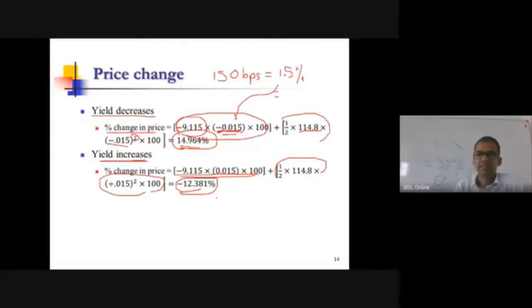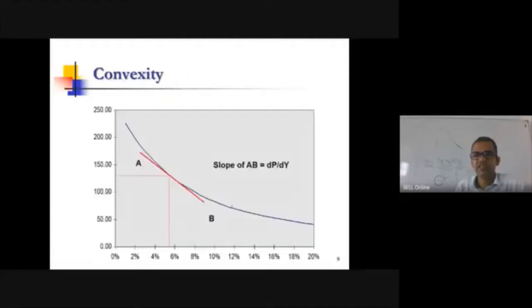The other thing is, you can see the same amount of change in yield, but two different effects. Why? Again, because of convexity. When the yield decreases, the price change is much higher than when the yield increases. The slope is very low in this area, but very high in this area.